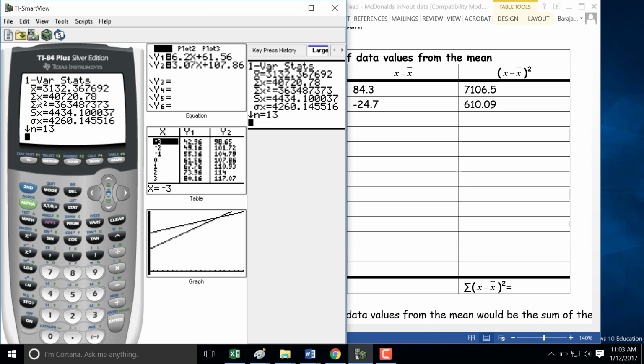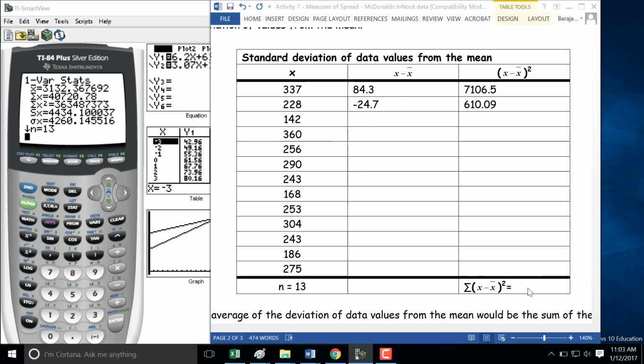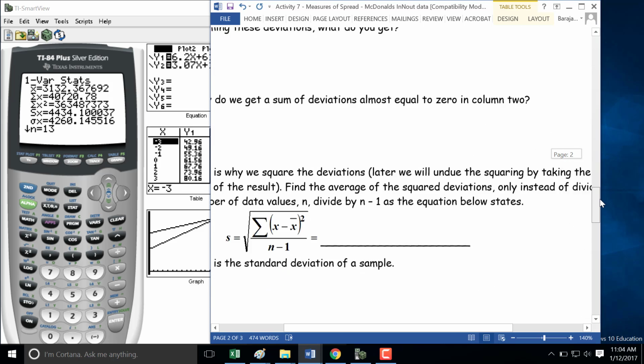And then the sum is right here. One of the things it gives me is the sum. So I know that the sum of the whole thing is 40,720.78.